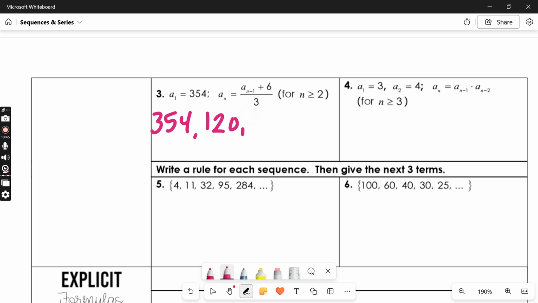Divided by 3 is 42. 42 plus 6 is 48. Divided by 3 is 16. 16 plus 6 is 22. And it doesn't divide by 3 evenly. So I'm going to leave it as 22 over 3.